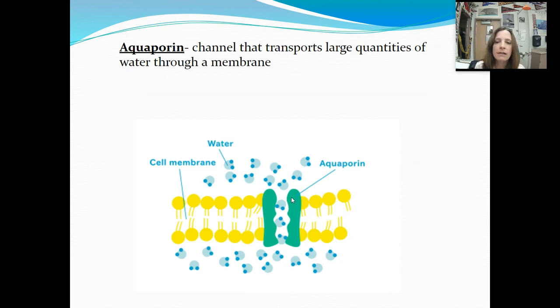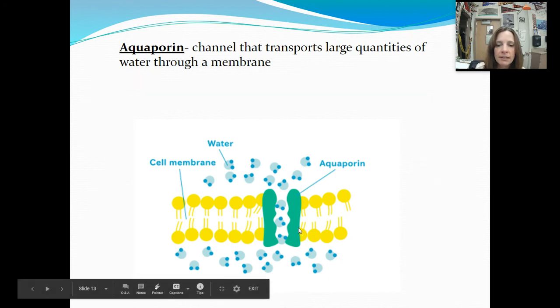You can see here that it's a form of facilitated diffusion. It's a pore, basically a hole, that allows water to go into or out of the cell. Since water is polar, it can't go through this hydrophobic area in the middle.